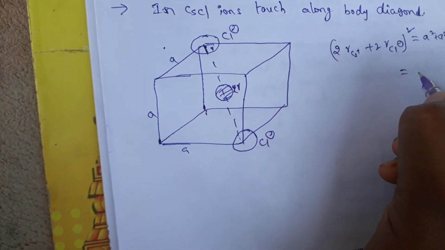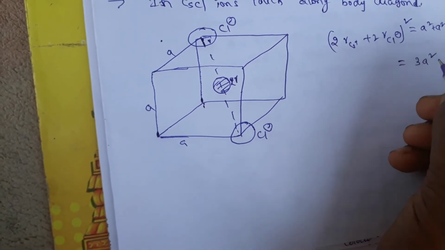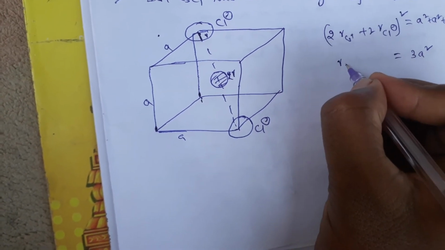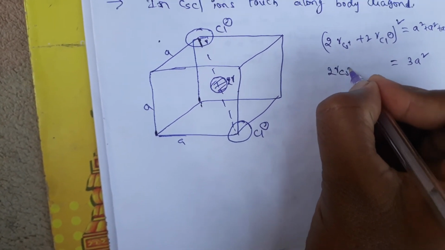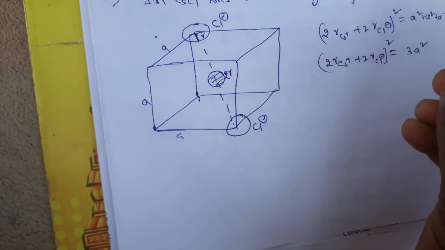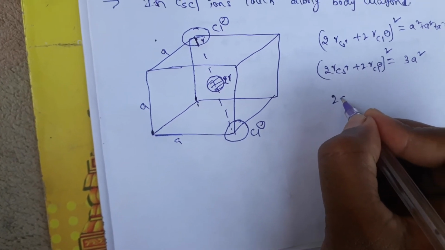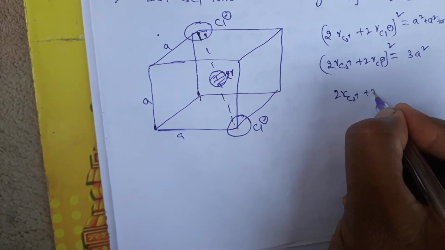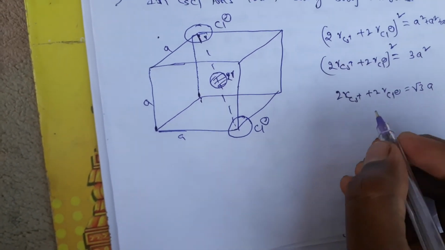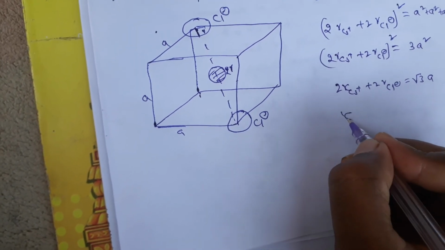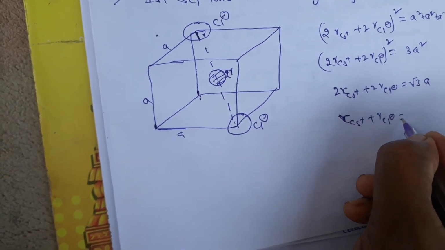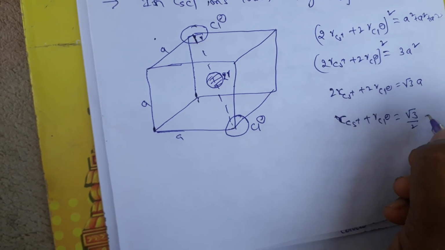This will give you 3A square. 3A square equals (2R Cs plus plus 2R Cl minus) whole square. So 2R Cs plus plus 2R Cl minus equals root 3 A. So R Cs plus plus R Cl minus equals root 3 by 2 A.